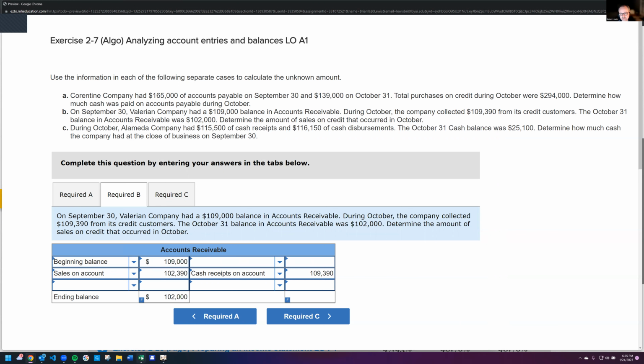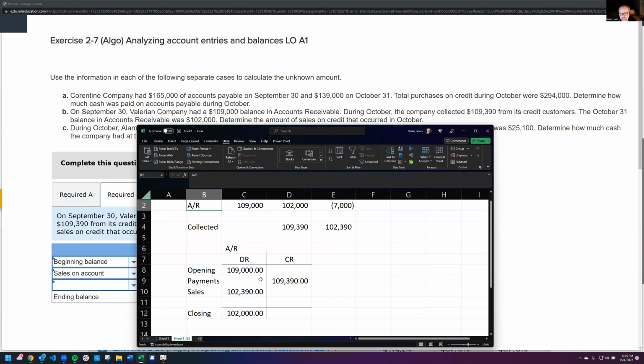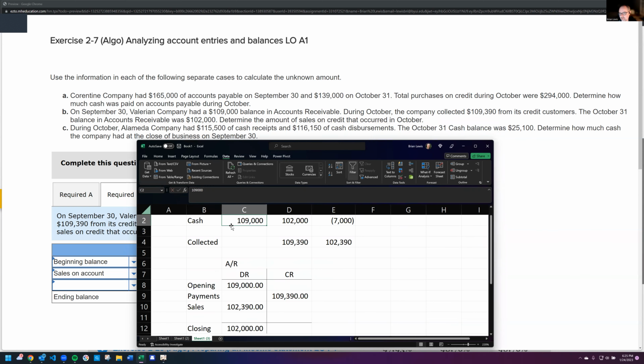I'm going to use the AR one since it's an asset-based one. I can use the same formula stuff, so I'm just going to copy this over to here. I'm going to say cash. Oh, it didn't give me the ending balance, did it?